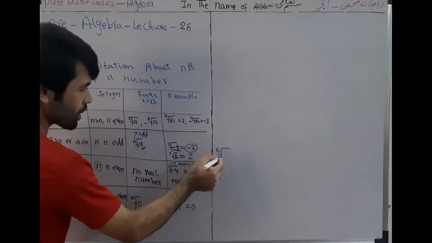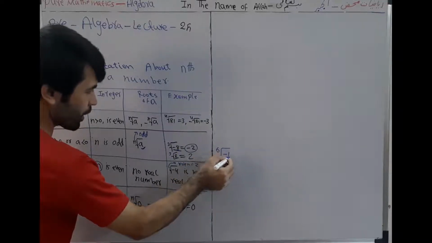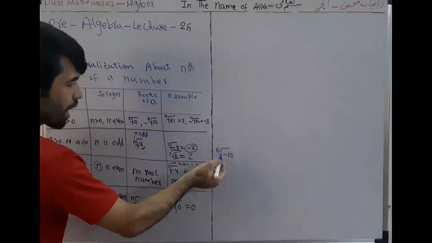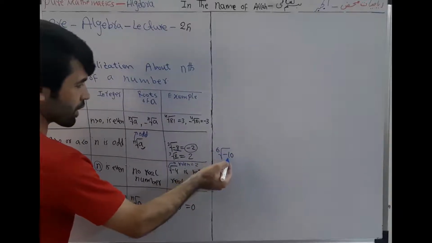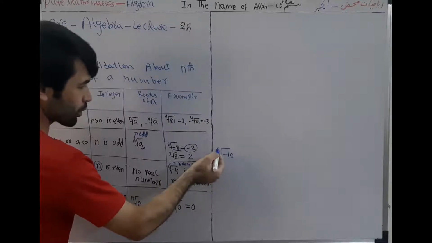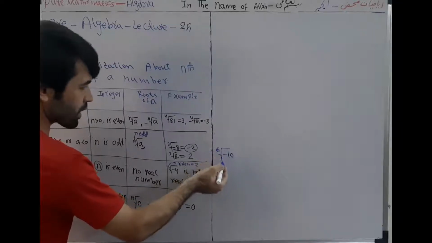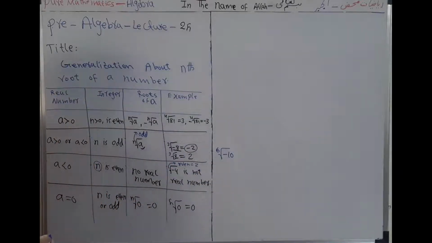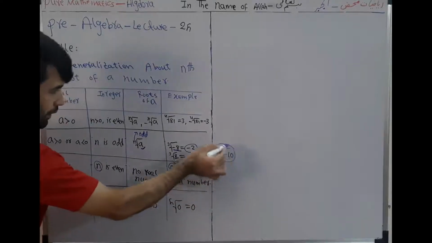Similarly, the sixth root of minus 10 is not a real number, because we cannot find any real number such that multiplied by itself 6 times produces minus 10. It is impossible. Therefore, it is not a real number.